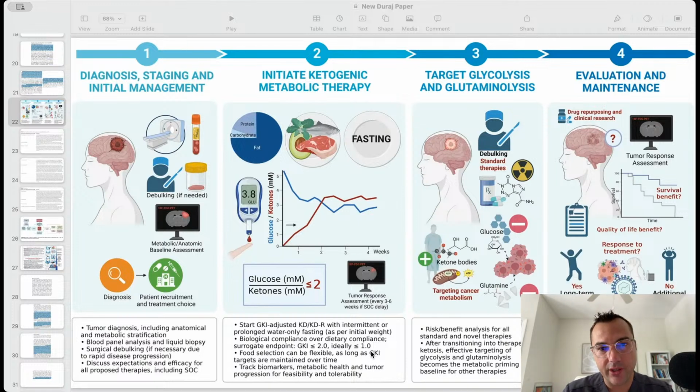And this is where I think there should be another box, like high-dose IV vitamin C and hard-shell HBOT, as the other therapies that are able to take full advantage of this metabolic priming baseline. And then of course it's continuing to monitor that process over a long period of time.